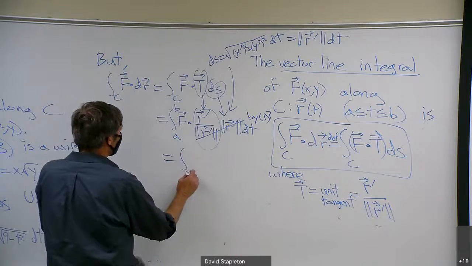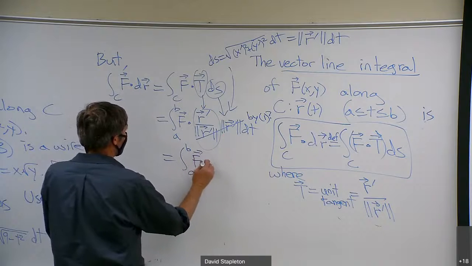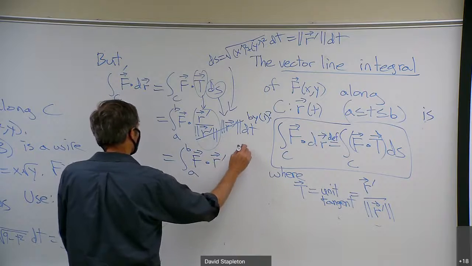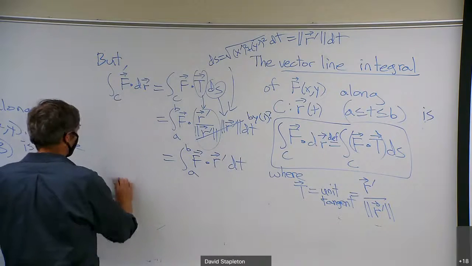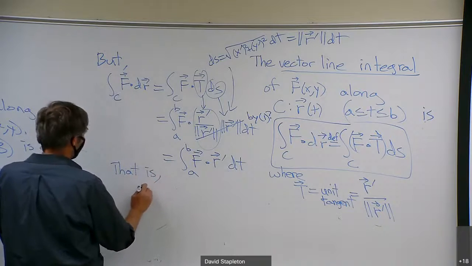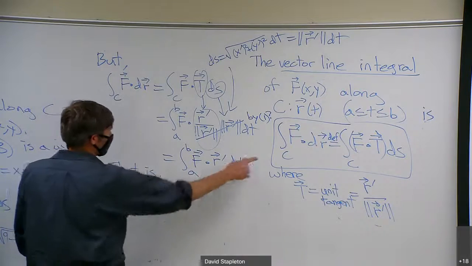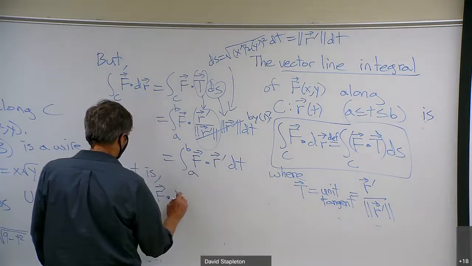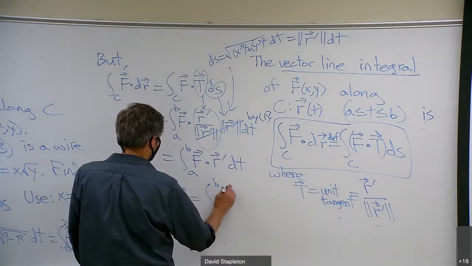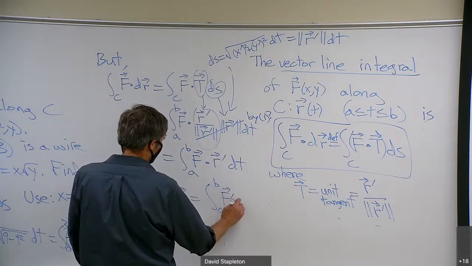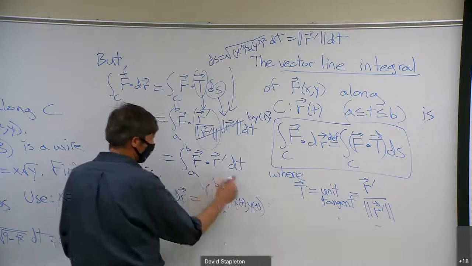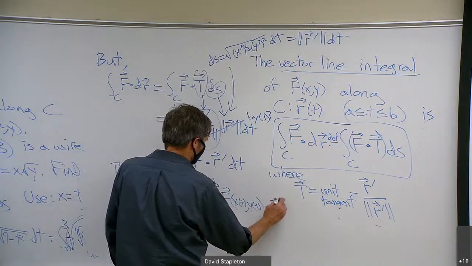What you get then is the integral from a to b of f dot r prime dt. That's the formula. For computations, you can evaluate f dot dr, the vector line integral, by simply computing the integral from a to b of f of x of t, y of t, which is formally, when I write in all the details, dot r prime of t.